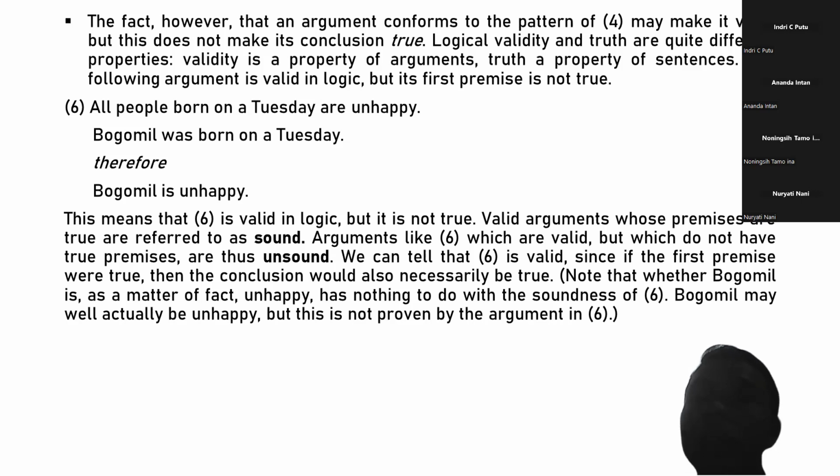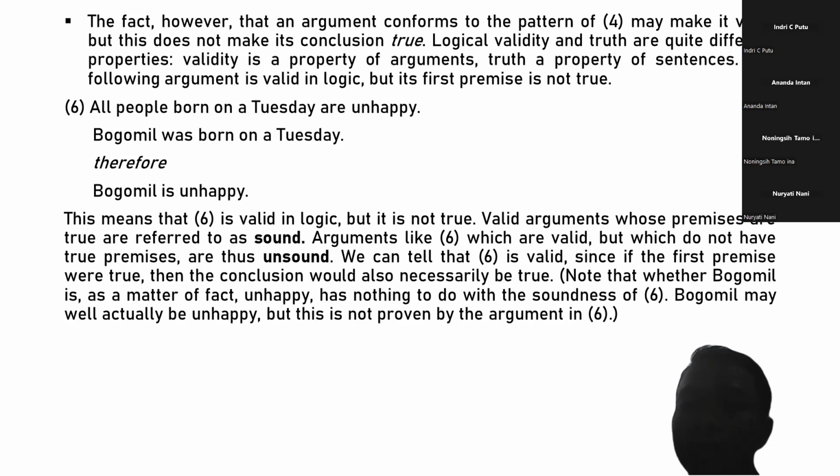Validity is a property of arguments. Okay, you have to remember, validity is a property of arguments, truth a property of sentences. Please don't forget, validity is a property of arguments, not a property of sentences.